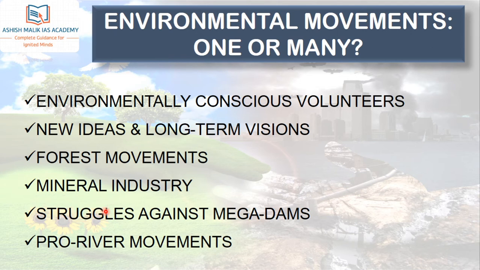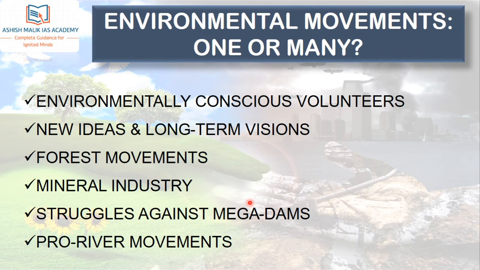Along with this, there are numerous movements against mega dams. For example, in the case of India, we have seen the example of Narmada Bachao Andolan. These mega dams also obstruct the natural flow of rivers.